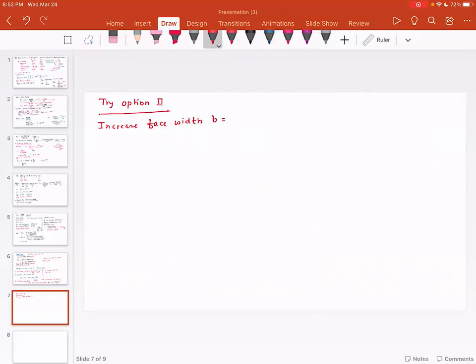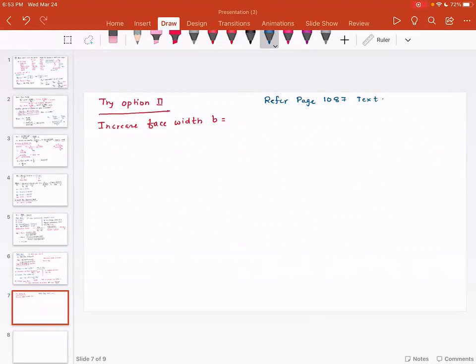When you look at the design data book, typically they will give you the value for the face width within certain limits. And this is very important, refer to page 1087 from the text.